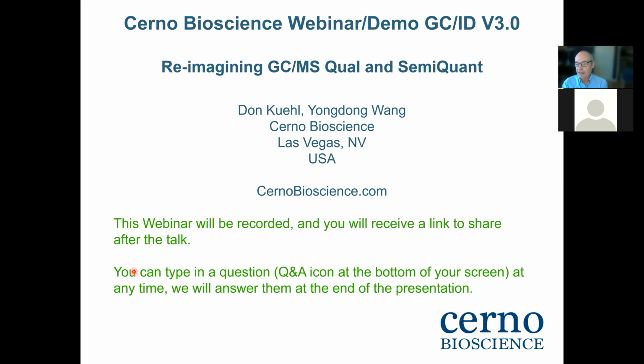The product is focused on GCMS qualitative analysis, primarily identification of unknown compounds, although the new version also has some capability for semi-quantitative analysis. I'm going to run through a brief PowerPoint presentation to give you some background, and I'll try to keep that reasonably short.